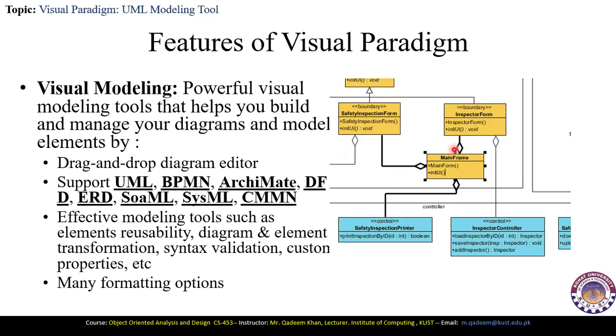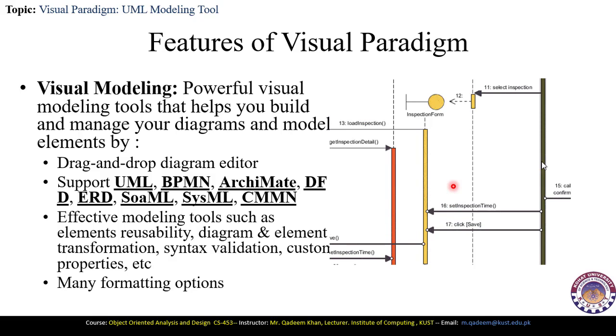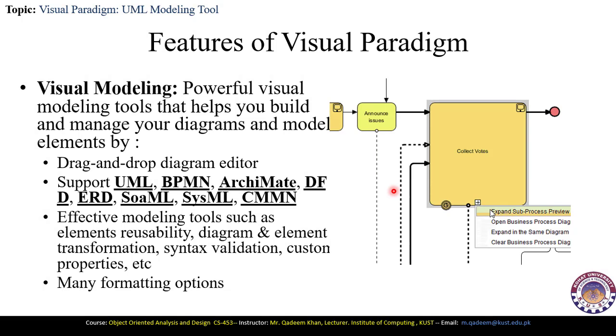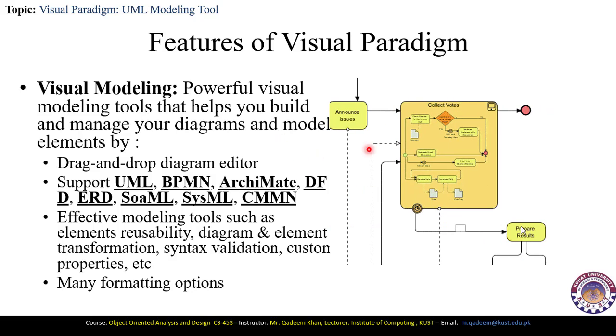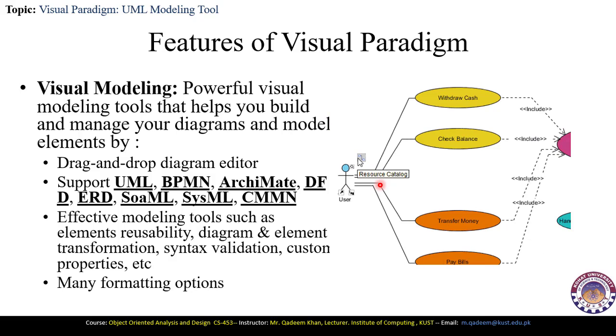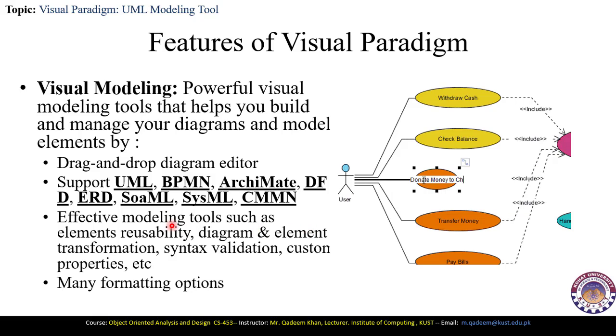Similarly, when you create class diagrams, you can just type the attributes and functions of the classes here. Similarly, you can create sequence diagrams, and you can connect one timeline to another timeline. So just by dragging and dropping different components from the toolbox onto your surface area, you can create different diagrams. So it supports UML, that is Unified Modeling Language.